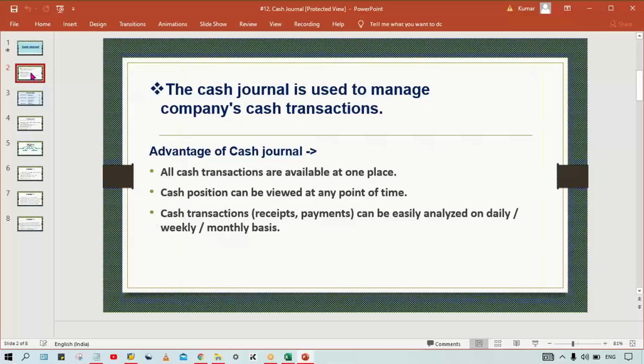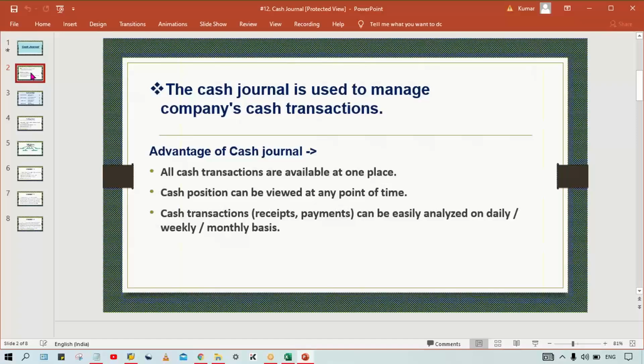The vendor is going to deliver the goods, and the invoice is going to be posted today, but the payment is going to be made to the vendor after 30 days, after 45 days, after 60 days, as per the terms of payment negotiated between Tata Motor and that particular vendor.